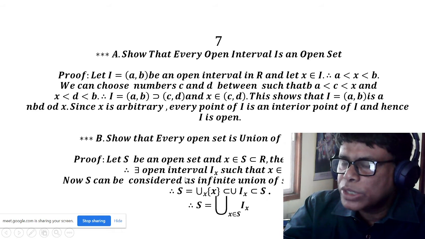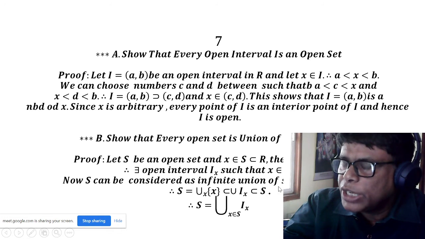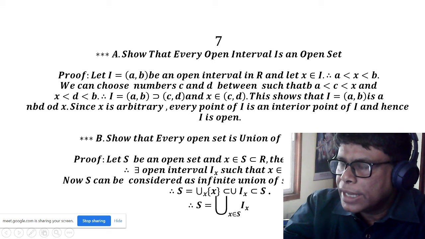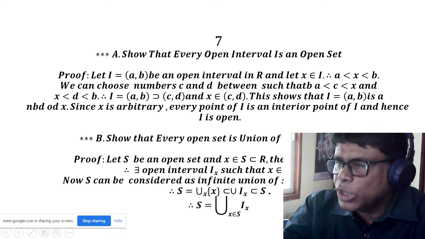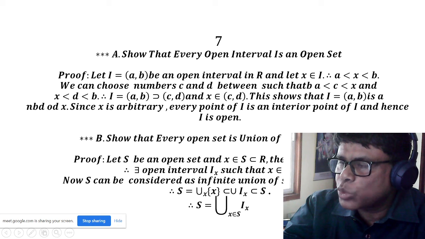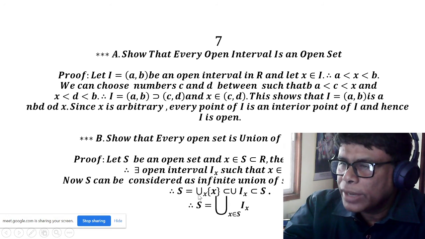Now S can be considered as an infinite union of such sets. For X this Ix is there, for Y there is Iy, and then Iz. So S is nothing but the union of all these Ix, Iy, Iz.